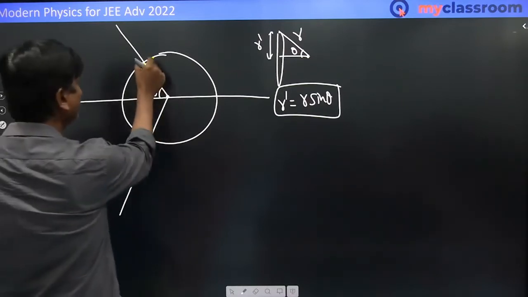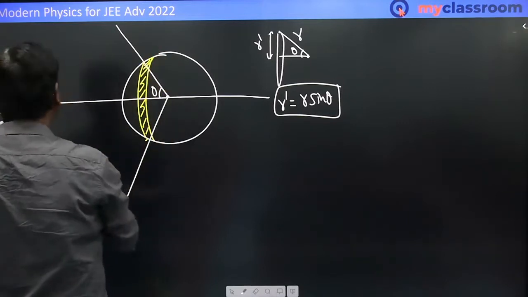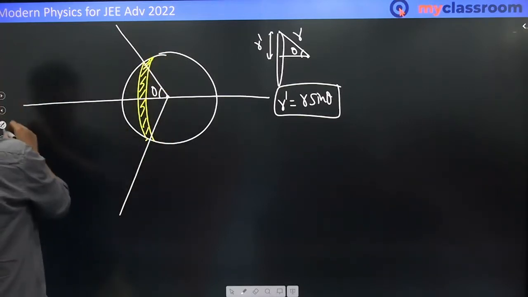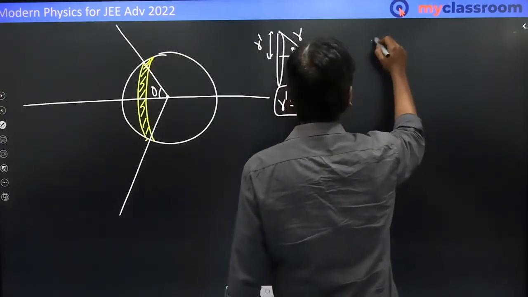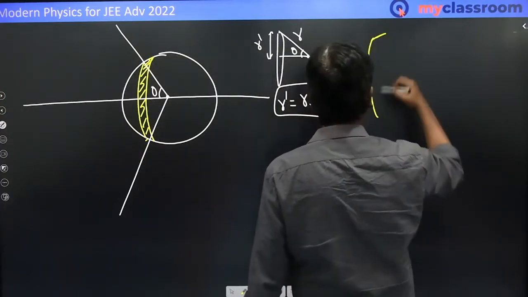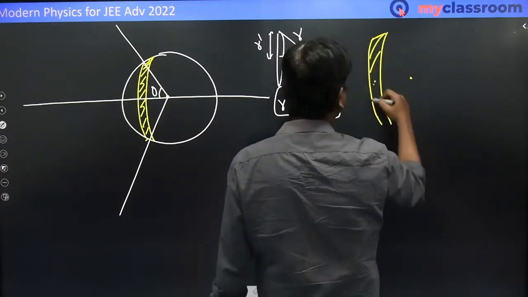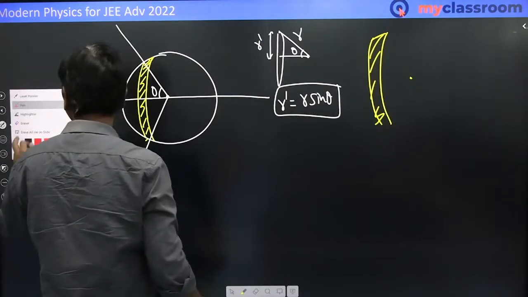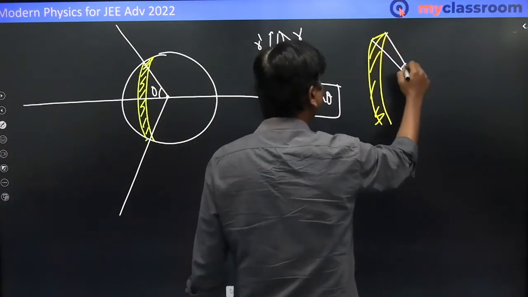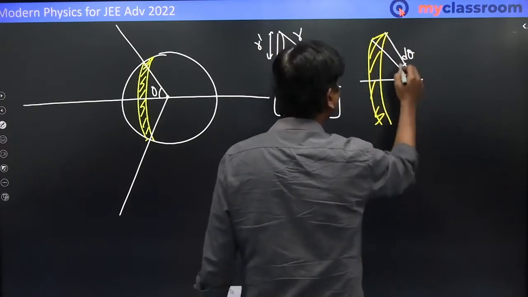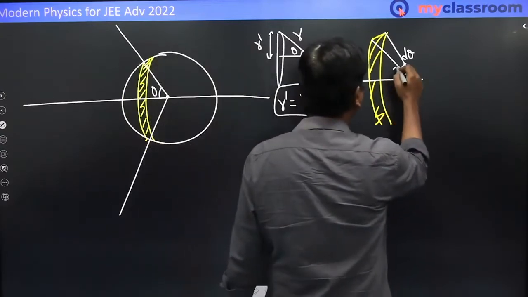Here, the strip is subtending a small angle called d theta at the center, right? Because the strip is actually like this. This is the center. So it will subtend, because it is having some thickness, an angle d theta exactly at the center. Hope it is clear. And this is your theta.